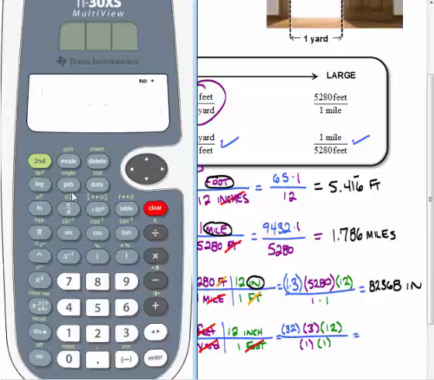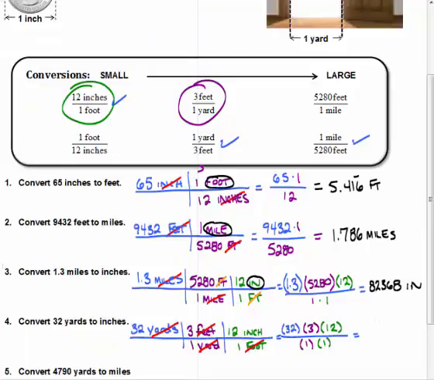So we're going to hit the fraction bar, and in the numerator we have 32, 3, 12, 1 times 1. Right. So you get 1,152 inches. So hopefully it's getting a little easier.